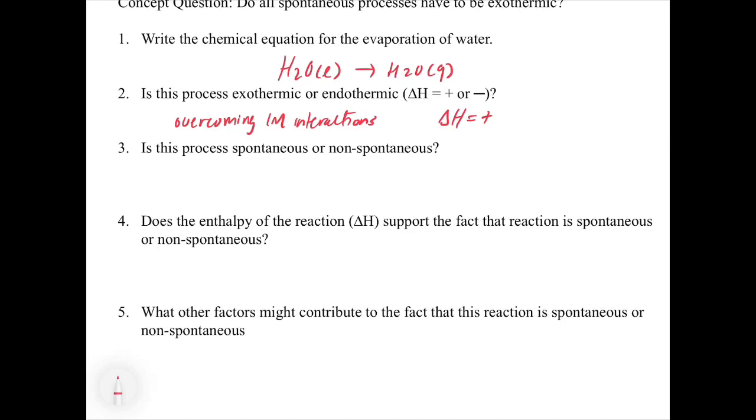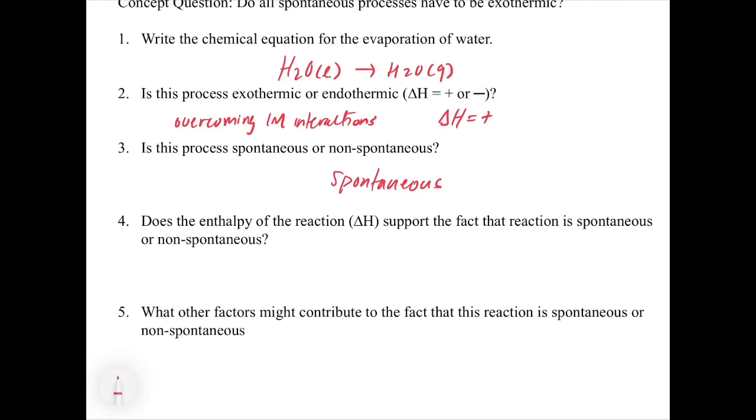But if you just put water in a cup on the bench in the lab and let it sit there for 3, 4, 5 weeks, when you come back, that water is going to be gone. Evaporation at room temperature is very slow, but it does happen. So this process is actually spontaneous, even though we have a delta H that's positive.